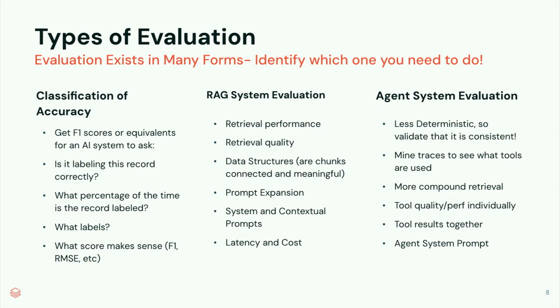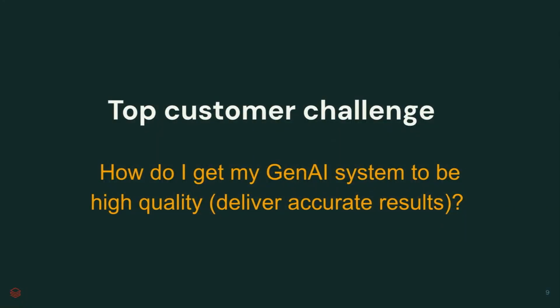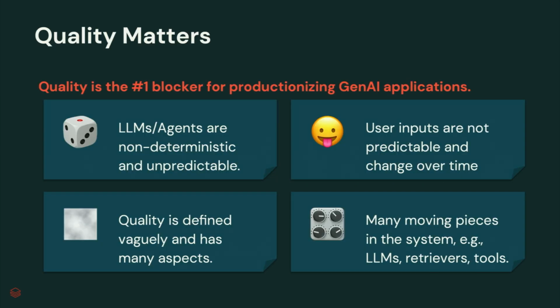The top customer challenge we have heard over and over is: how do I get my Gen AI system to be high quality and deliver accurate results? Quality is hard. Quality is the number one blocker for productionizing your Gen AI applications, because LLM agents are non-deterministic and unpredictable. Small prompt tweaks can give wildly different outputs, and parameters like temperature add variability.